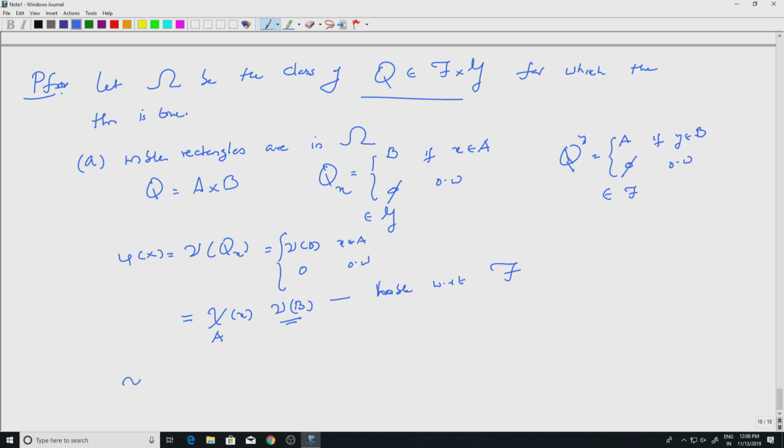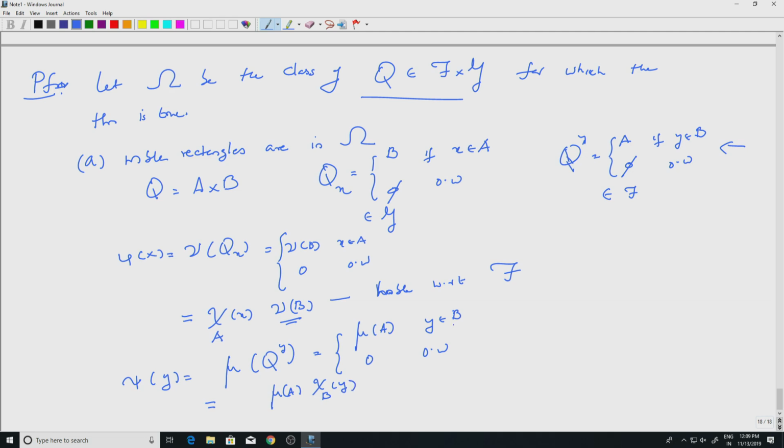Similarly, psi of y is mu of Q super y. Again, you can write this in this form. So Q super y is given here. So that is mu of A if y is in B, 0 otherwise, which we write in a neater form as mu of A, which is a constant, times the indicator of B at y.